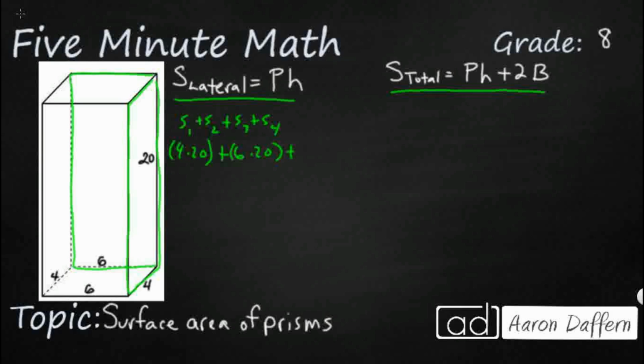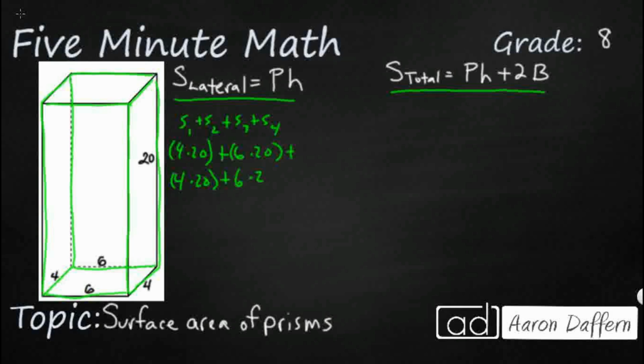And then if I wanted to add this third side over here, it's just going to repeat what we've already done. It's going to be another 4 times 20. And then this front side right here is another 6 times 20.